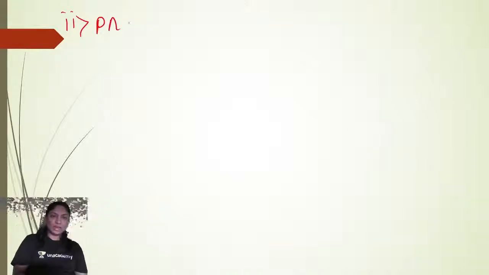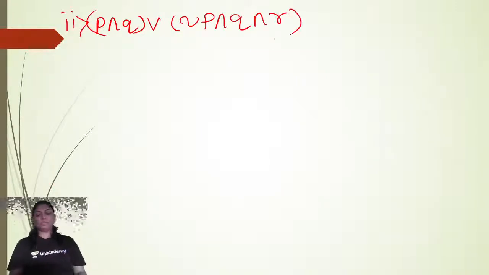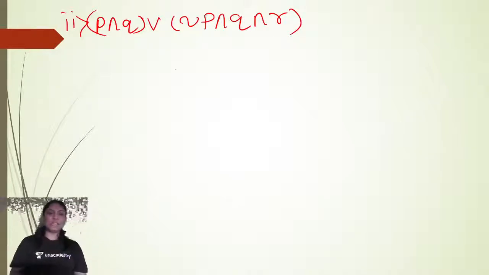Now we'll see the second one. Here the second one is given: P and Q, or negation of P and Q and R. We have to convert it into CNF form, meaning a conjunction of fundamental disjunctions.